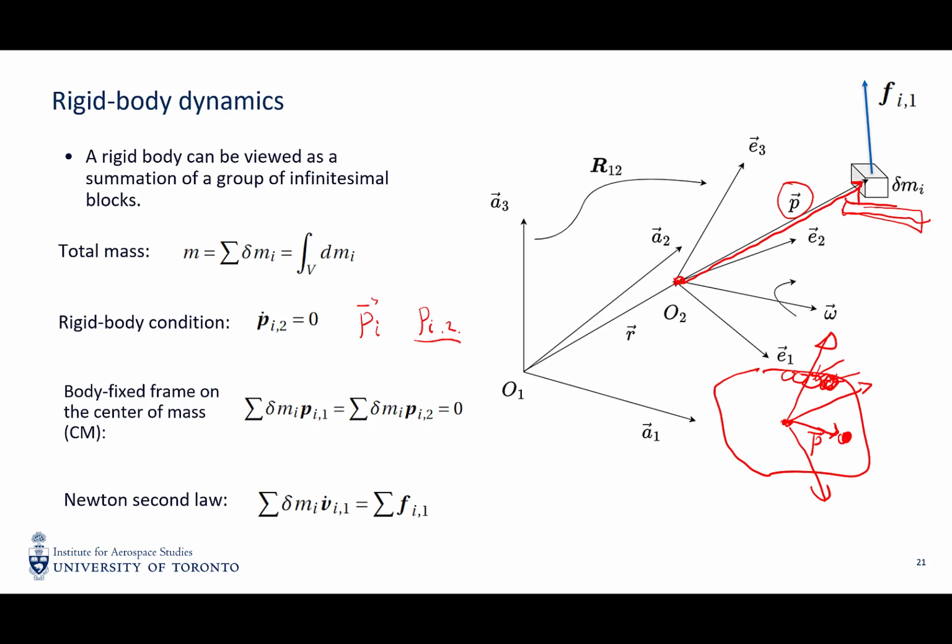By applying the rigid body assumption, because this is a rigid body, the point mass should not move relative to the body fixed frame, right? Then the time derivative of Pi2 is 0 because of the rigid body assumption. And of course, if we sum all the point masses together, it should equal the total mass of this rigid body.